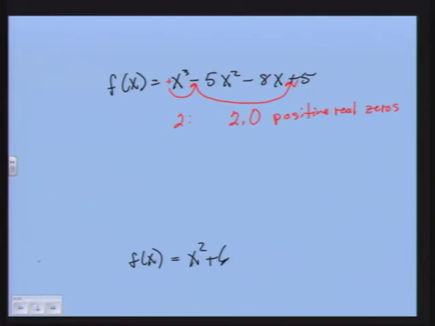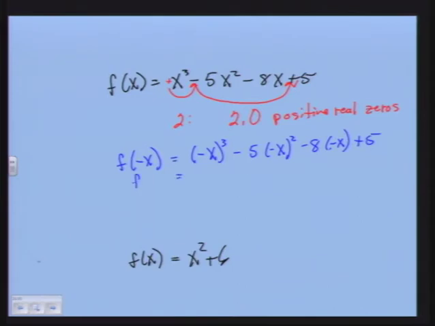Now, if I run through f of opposite of x. Now remember, this is not the opposite of f of x, but f of the opposite of x. So I'll have to come through and plug in a minus x everywhere. Minus 8 times opposite of x plus 5.